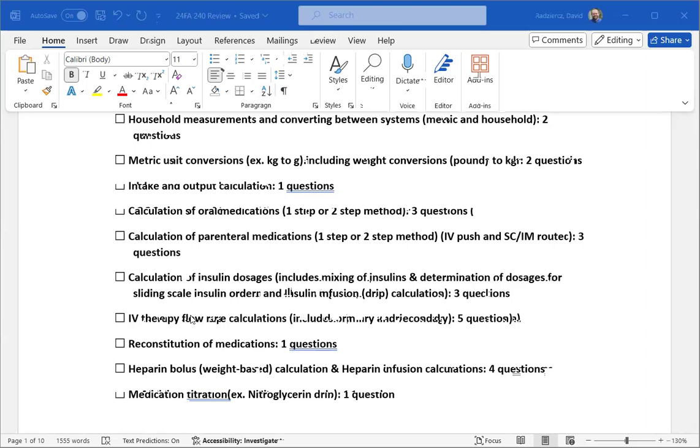You'll have some insulin dosages. That's mainly just looking at the sliding scale, but you will also have some insulin infusion questions, which honestly are no different than the heparin infusion questions. But notice that there's nothing in here about pediatrics, so you don't have to worry about calculating a safe dose range and answering whether or not you will administer that medication. I'm assuming you do that in the 230 class, just like we do at Allegheny campus.